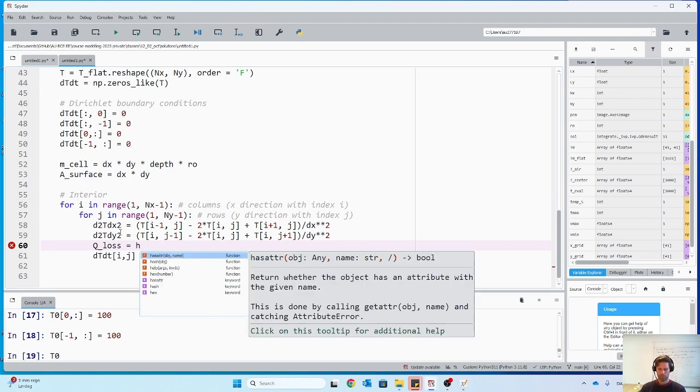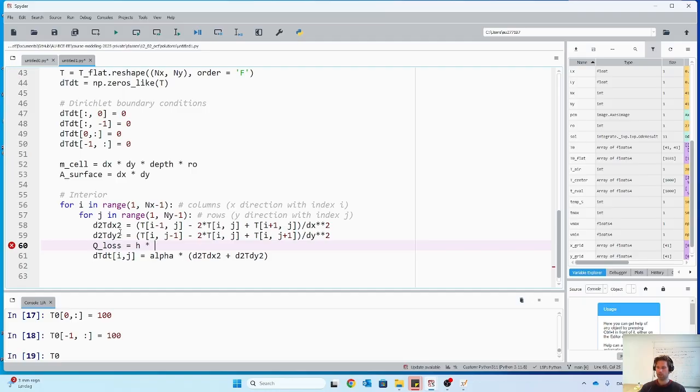We have some heat transfer coefficient, and we have the temperature difference between the cell and the surroundings, which is the air. And then because it's big Q here, we have to multiply by the surface area.